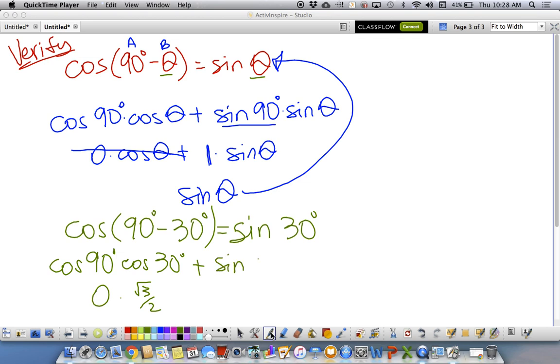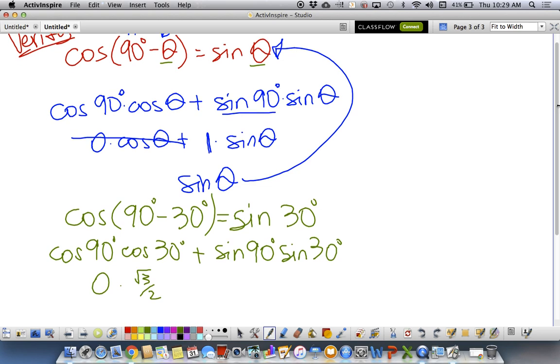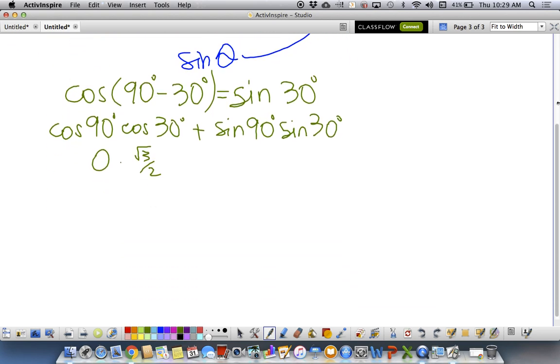So sine 90, sine 30. Really, I don't even want numbers. Let's just leave it without numbers. Why? Exactly, because it's 1 times sine 30. So no matter what I put right here, it's going to multiply times 0, times cosine 30. We don't even look at triangles.